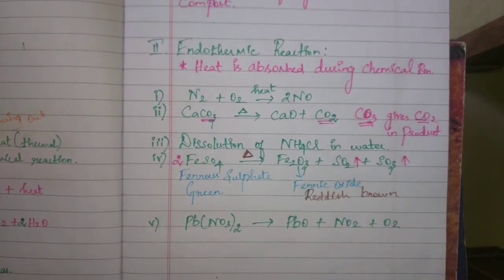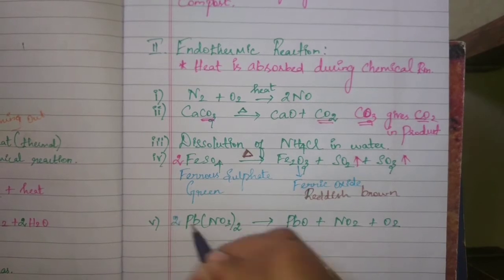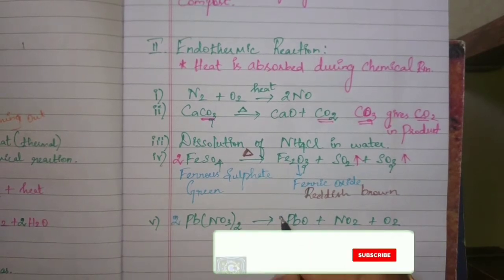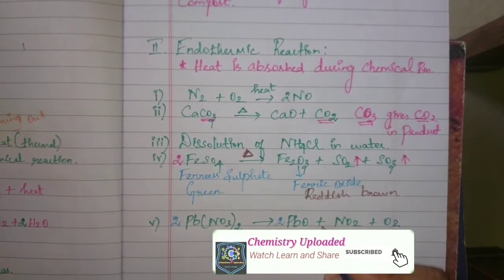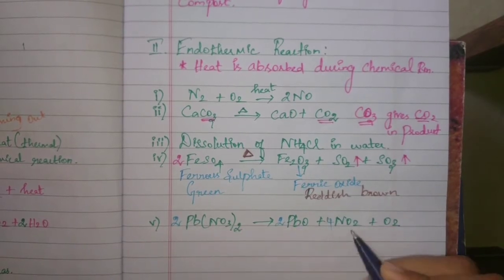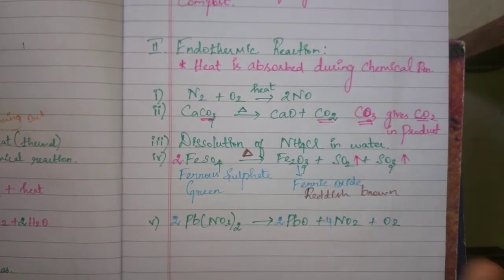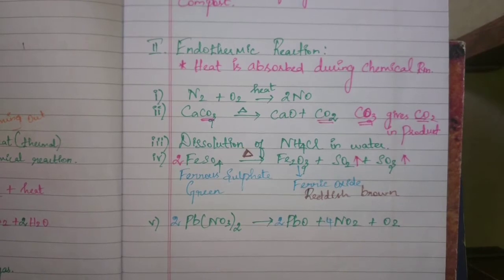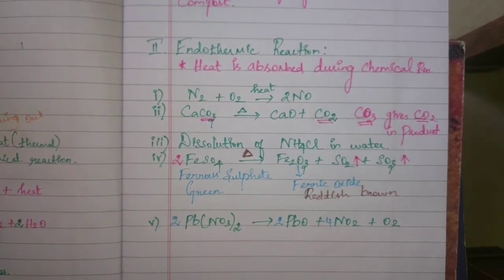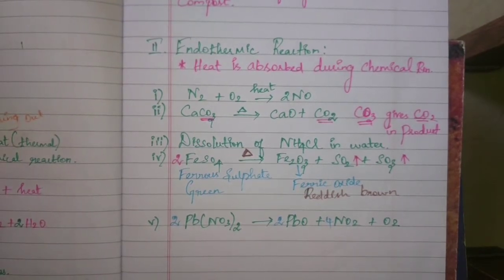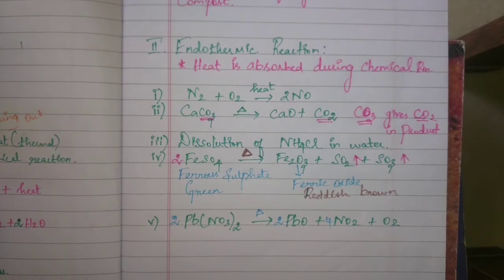To balance this equation, 2 Pb(NO3)2 gives 2 PbO, and totally 4 nitrogen atoms are there, 4 nitrogen, and oxygen is balanced. 12. So this is also, during this reaction also heat is absorbed by lead nitrate and decomposition takes place. So these are the examples for endothermic reactions which is given in your textbook, students.